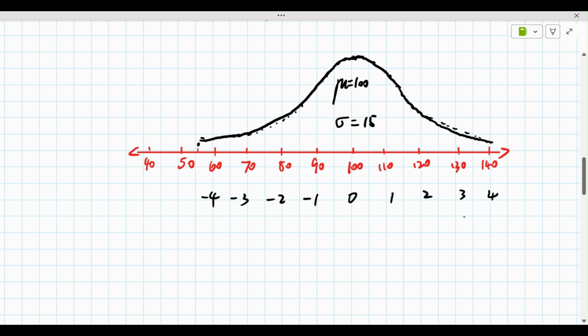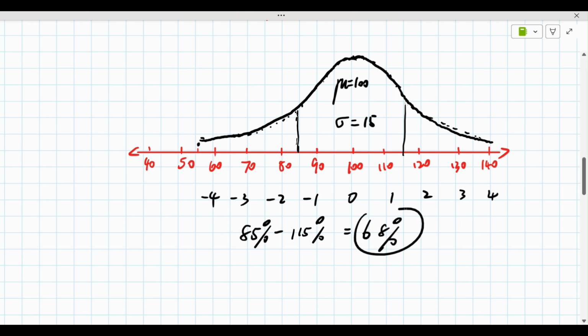If I say 68%, it's around 85 to 115, which is approximately 68% of the distribution.